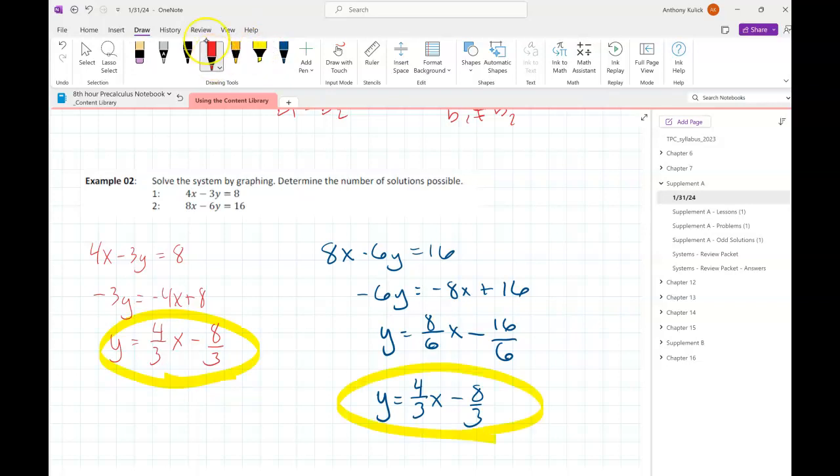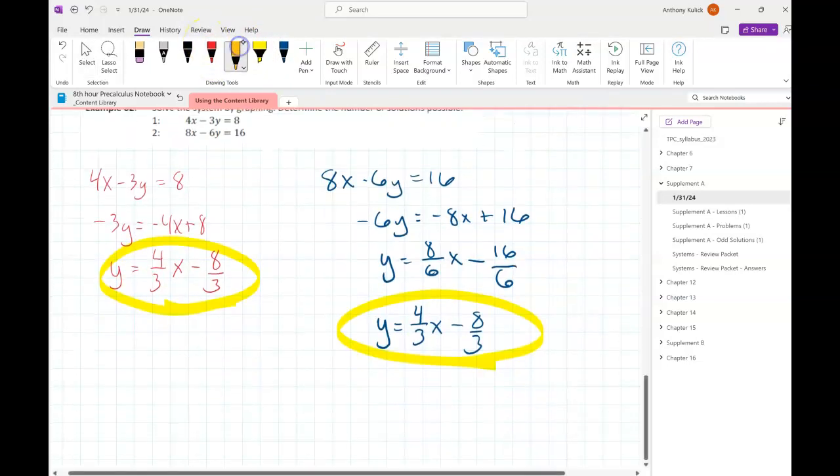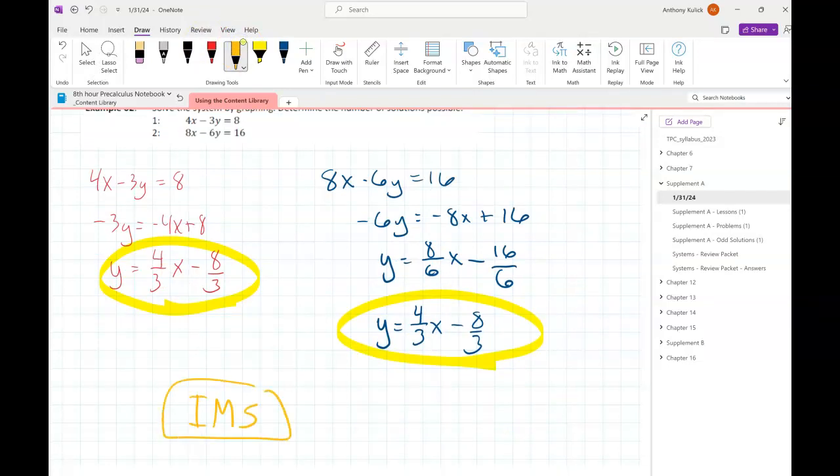So what's going on? Infinitely many solutions, right? Done. I don't have to graph anything because it's just infinitely many solutions. So that's all there is to it. Feel okay with that? Okay.